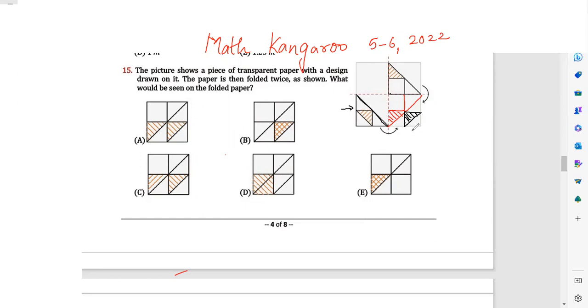So this is the figure that I'm going to get. So B is not the answer, D is not the answer, E is not the answer. We need to decide on A and C. Now, if you see the pattern of the triangle here, since it's standing lines, you will not have sleeping lines. So answer will be option A. So the answer for question number 15 is option A.